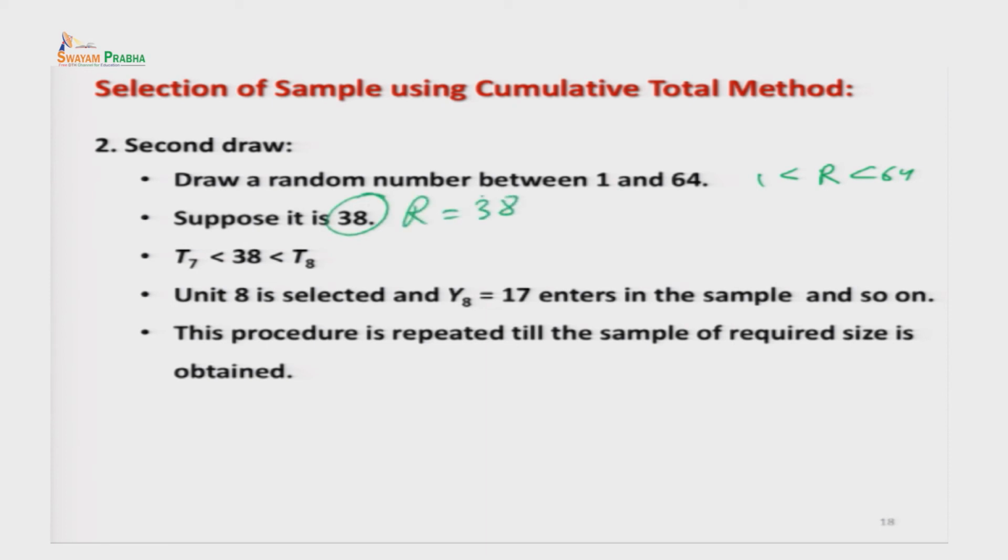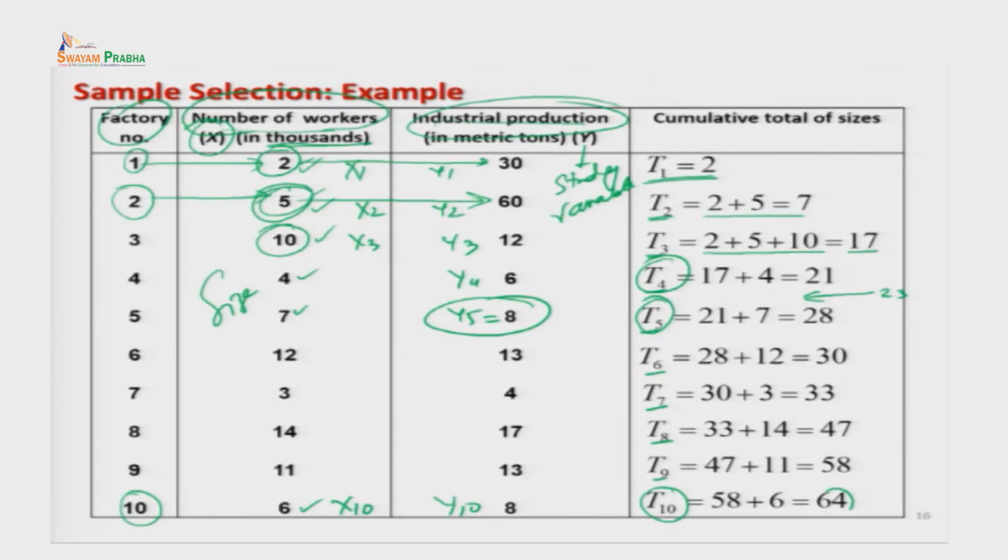Now you have to see where this 38 is lying in the fourth column of this table. You can see here, somewhere here 38 will be, between, because T7 is 33 and T8 is 47, right.